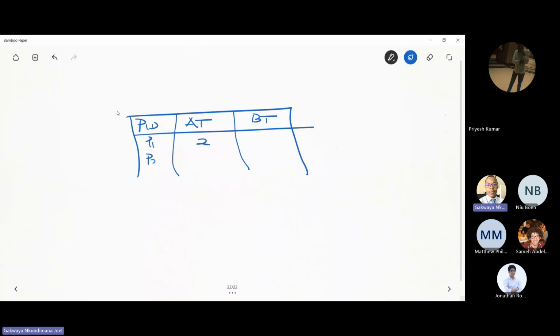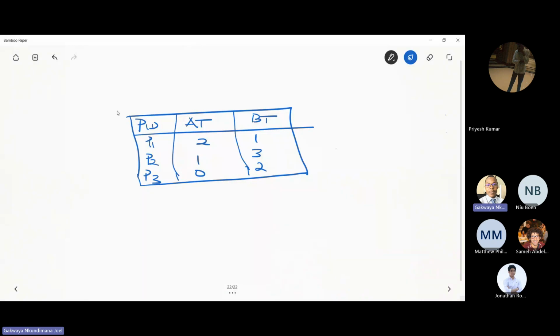For process 2, let arrival time be 1. And process 3, let arrival time be 0. And the burst time for the first one is going to be 1. And this is going to be 3. This is going to be 2.